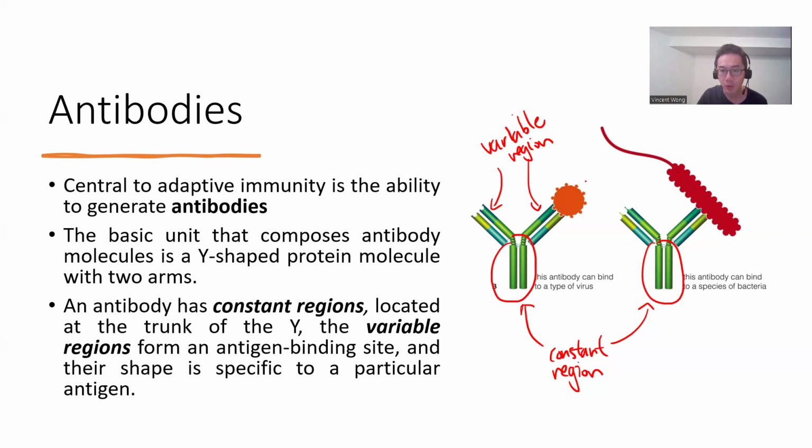So for example, we have an orange virus here, and if you look closely, you can see there are little hexagons on the virus, right? So these little hexagons that are on it, that's the viral antigen. Okay? We don't have those hexagons on our cells, only the virus does.